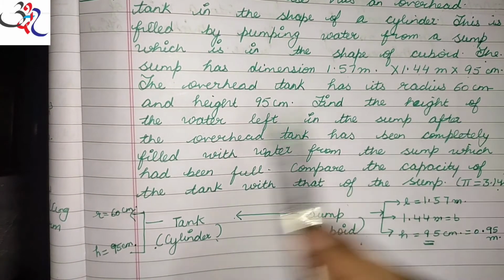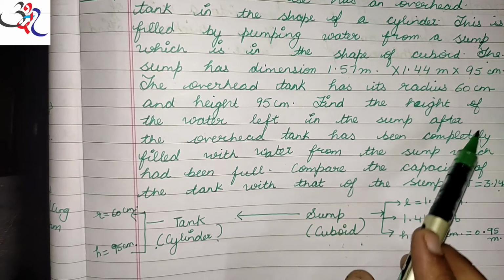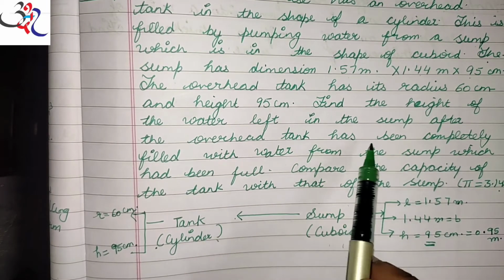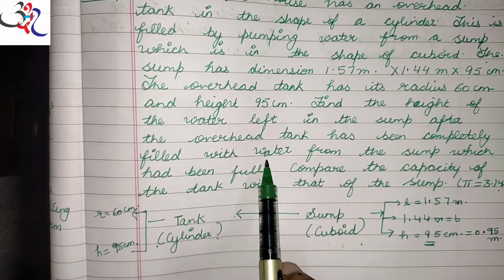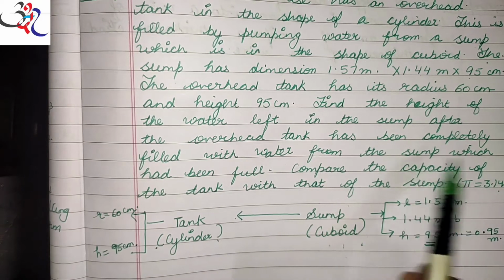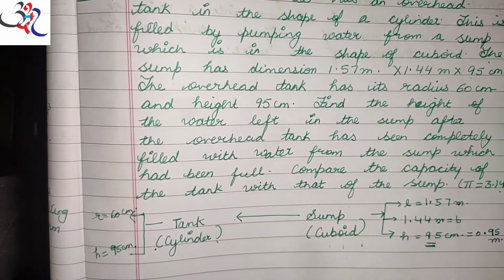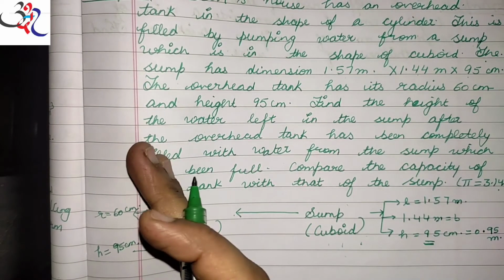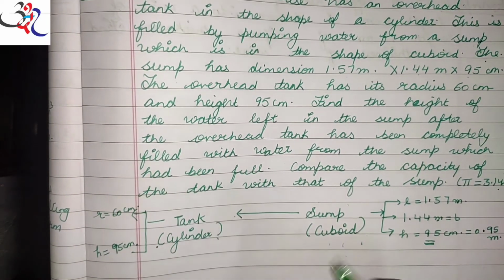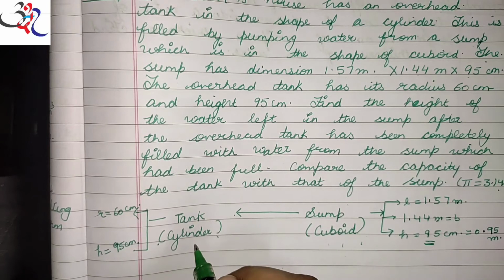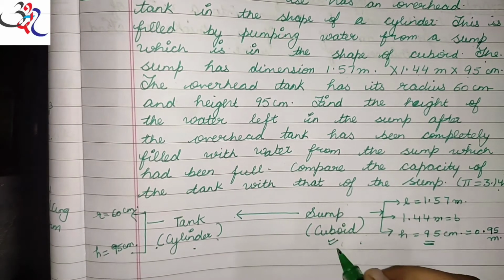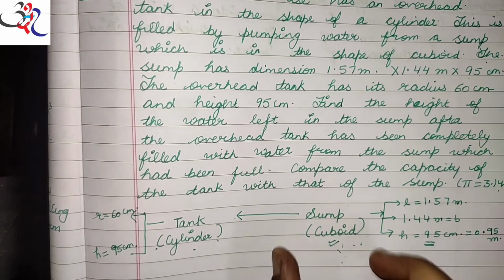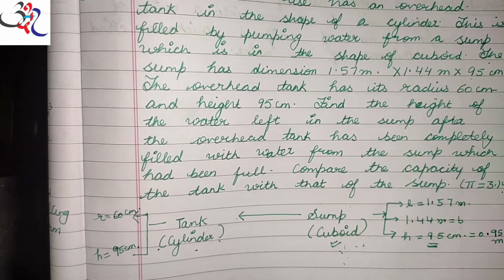Next, find the height of the water left in the sump after the overhead tank has been completely filled with the water from the sump which had been full. So they are asking that, because this sump is pumping water into this tank, when the tank is completely filled, how much water is left in the sump? So we have to find out this thing.